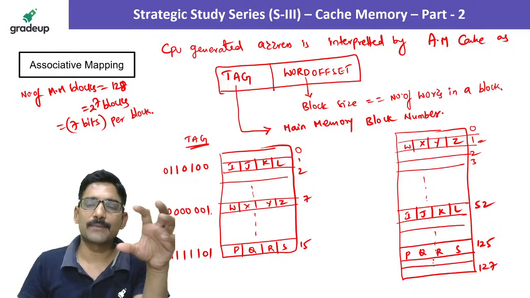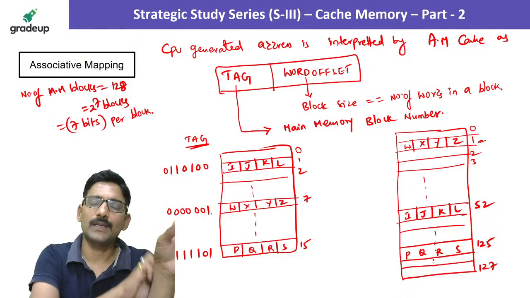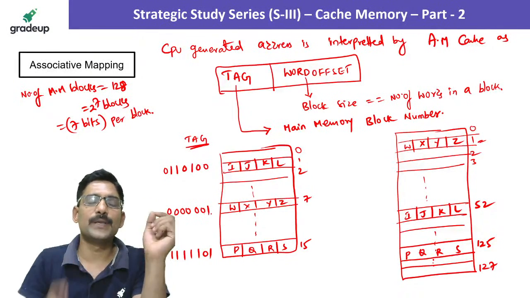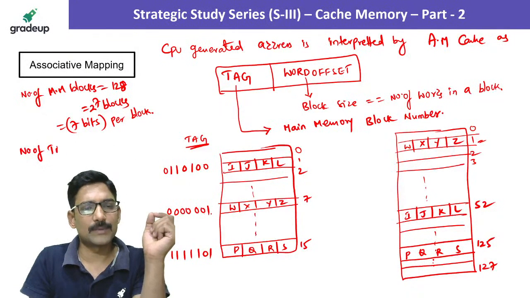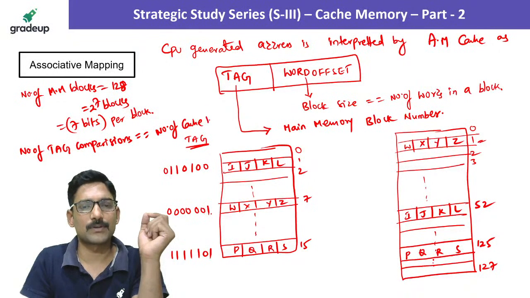So as we are maintaining main memory block number as a tag, definitely that tag would be unique. So how many tag comparisons do we do? Number of tag comparisons would be equal to number of cache blocks, because in the worst case with every tag you may need to compare.